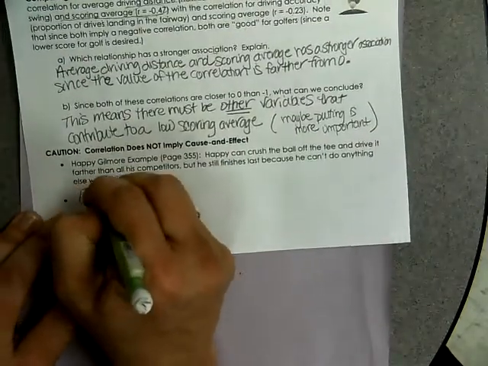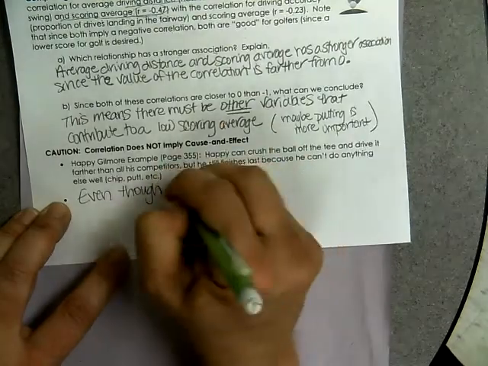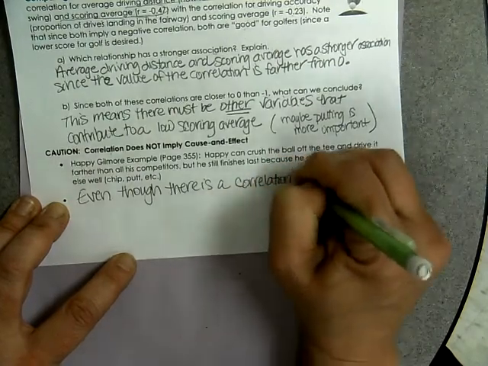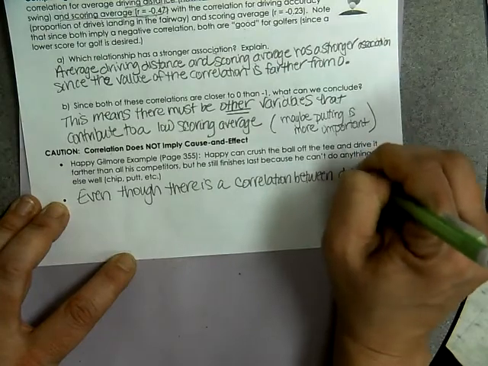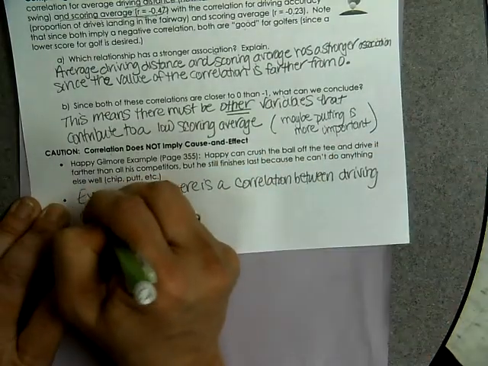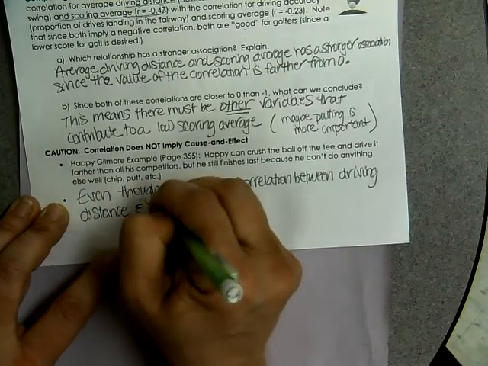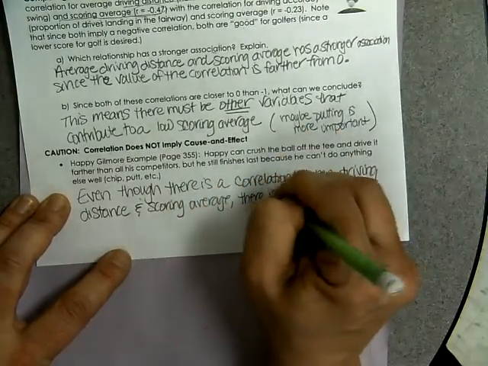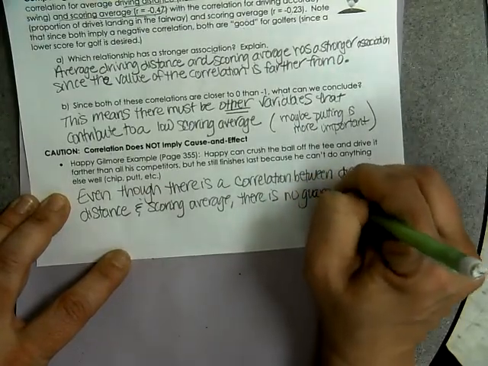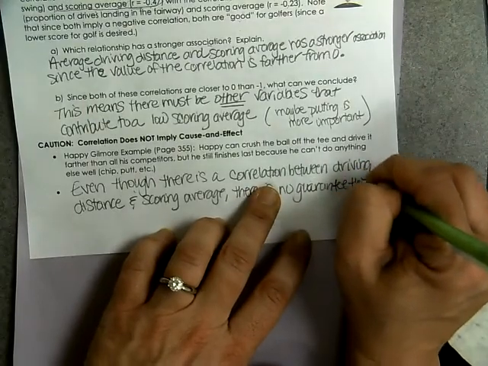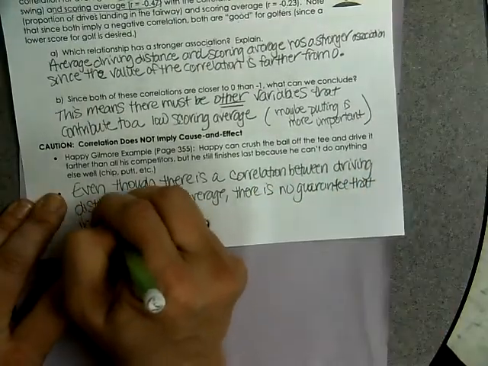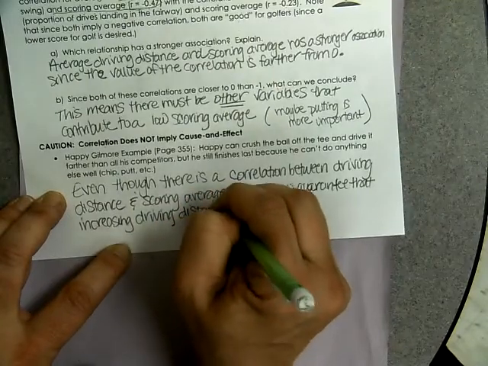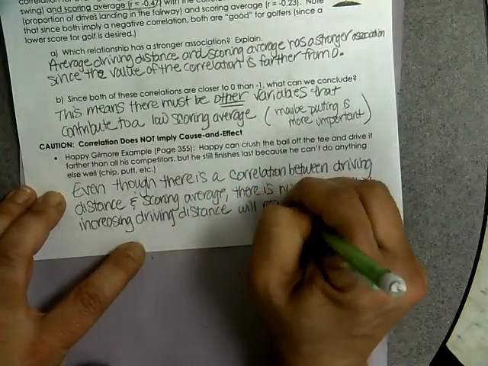What this means is that even though there is a correlation between driving distance and scoring average, there is no guarantee that increasing driving distance will result in lower scores.